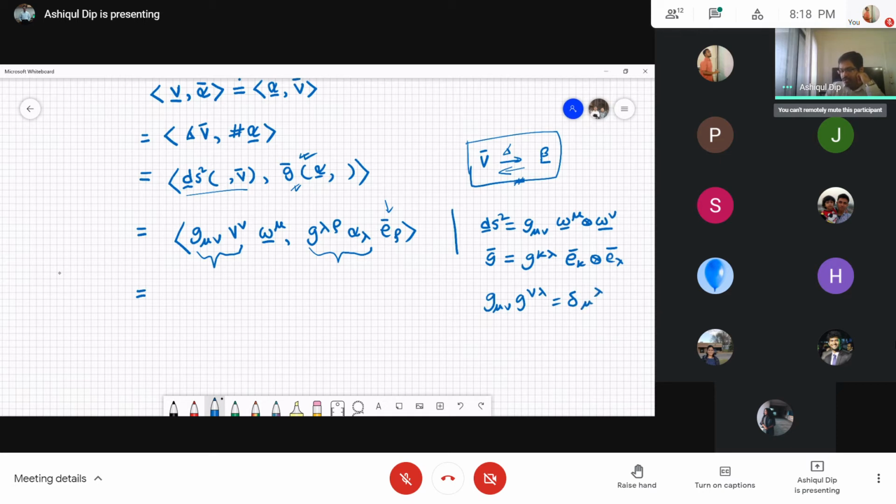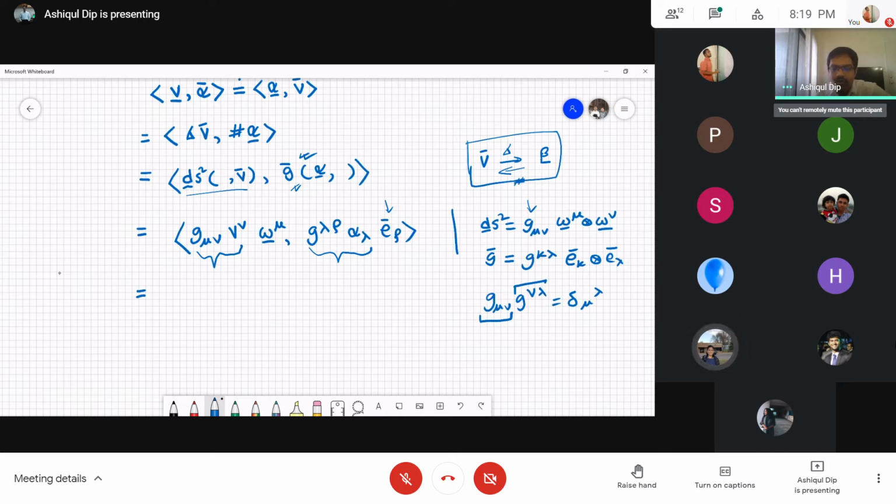Which means if you consider a matrix out of these components and another matrix out of these components, those matrices will be inverses of each other. So whenever you have a ds square, you can construct a matrix out of its components. You just find its inverse. That will give you g. Is that clear? Yeah, now it's clear.